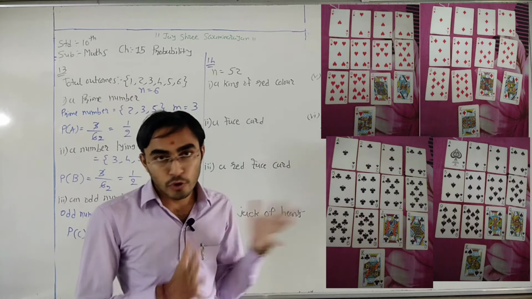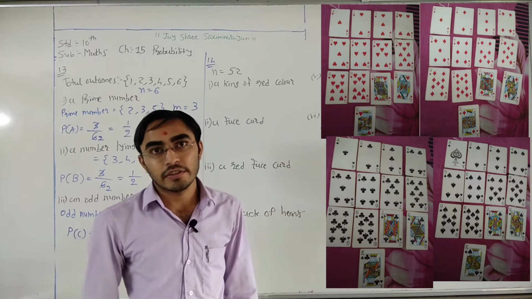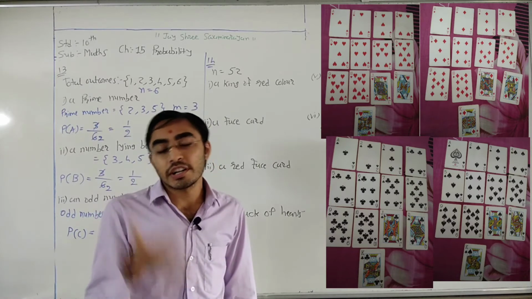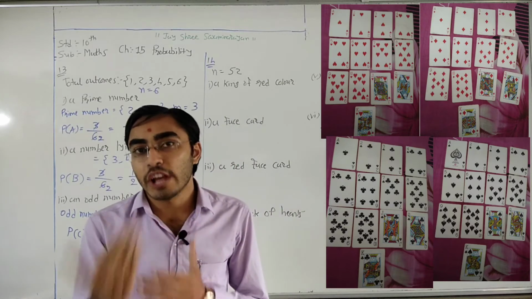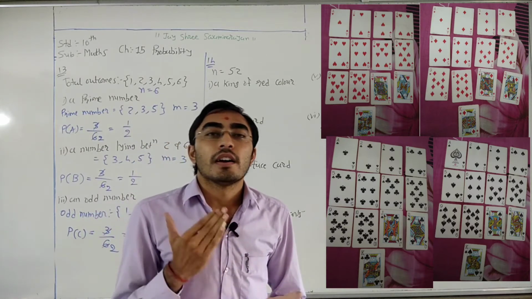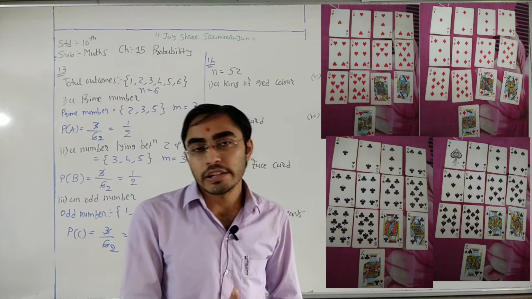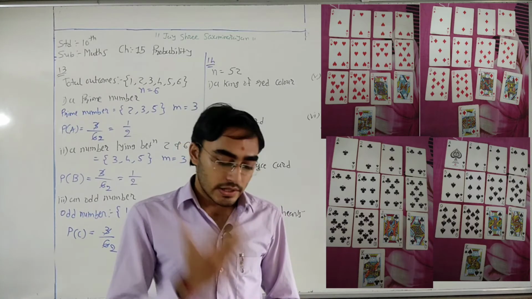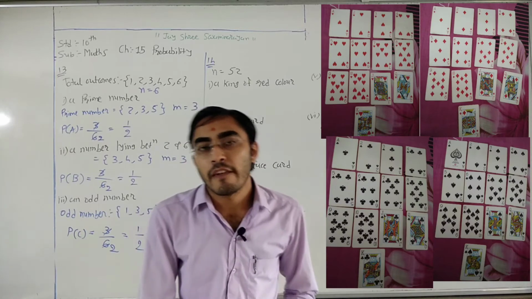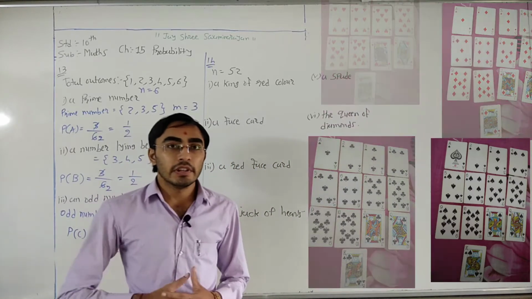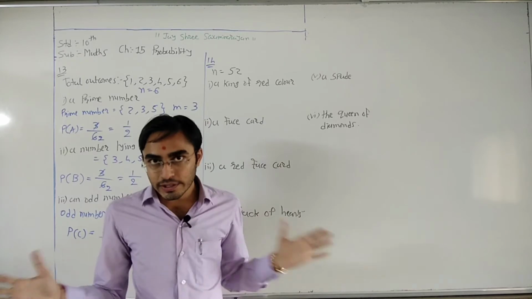Total four patterns are there, and in each total 13 cards are there. That means 13 cards are of diamond, 13 cards are of heart, 13 cards are of spade, 13 cards are of club. Okay, so one by one I will show you all the cards.